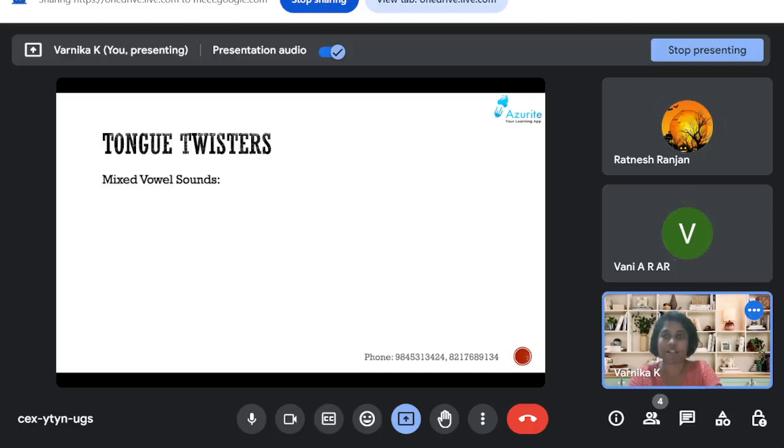Okay. So next we have mixed vowel sounds. Can you read that, Ratnesh?